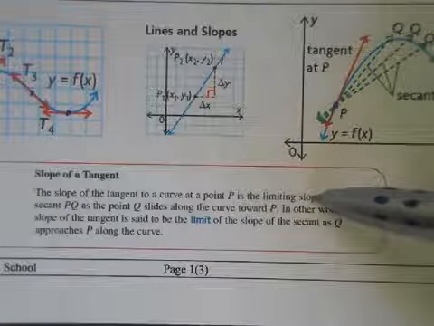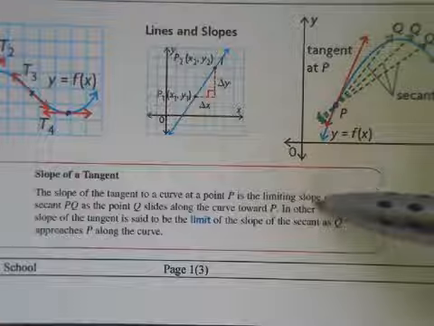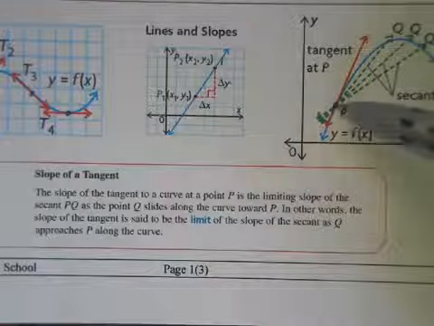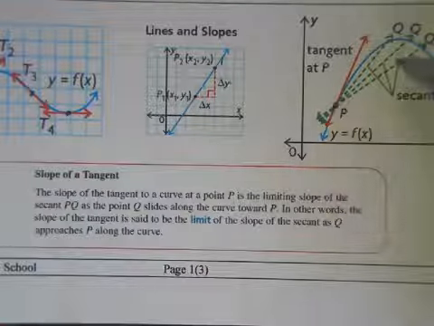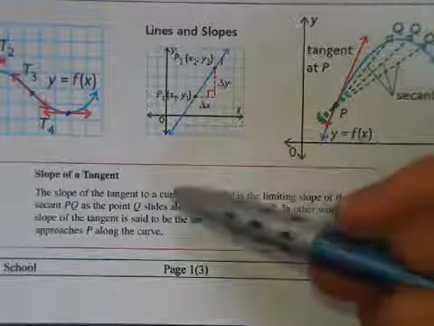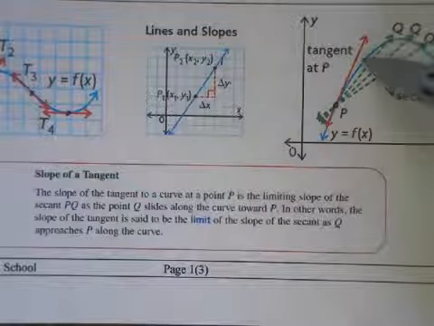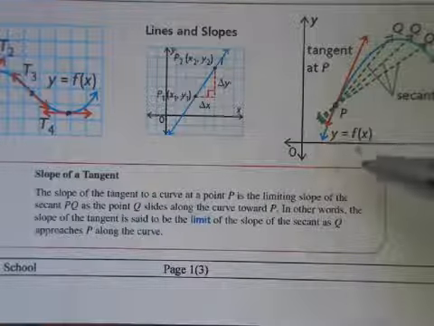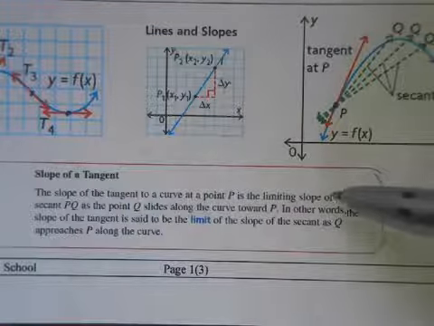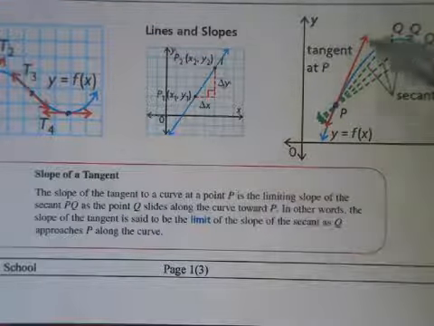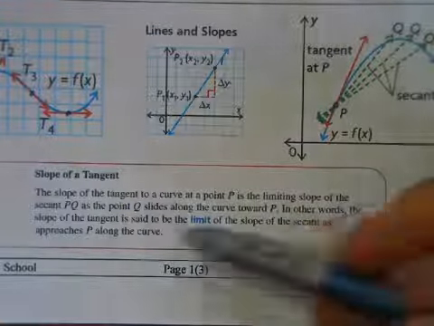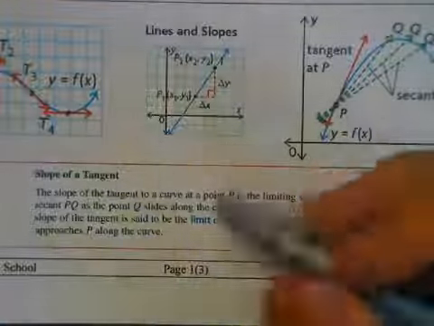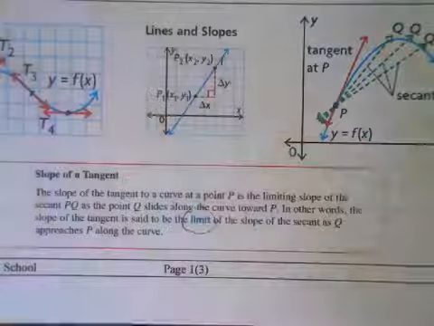Limiting slope means, well, we'll get to that in a second, but the slope of the secant PQ as the point Q slides along the curve towards P. In other words, the slope of the tangent is said to be the limit of the slope of the secant as Q approaches P. Okay, so that word limit, we're going to see that a lot.